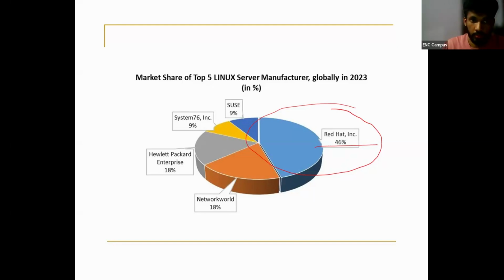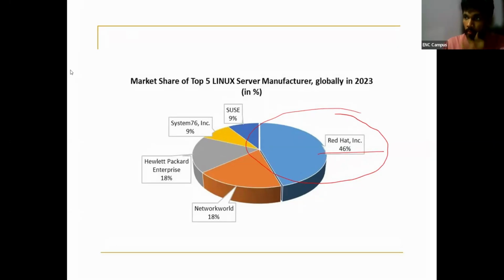In the past 2 weeks, we learned about the Ubuntu operating system. But today we are going to learn about Red Hat. Red Hat is a paid service, and we have to purchase those servers.